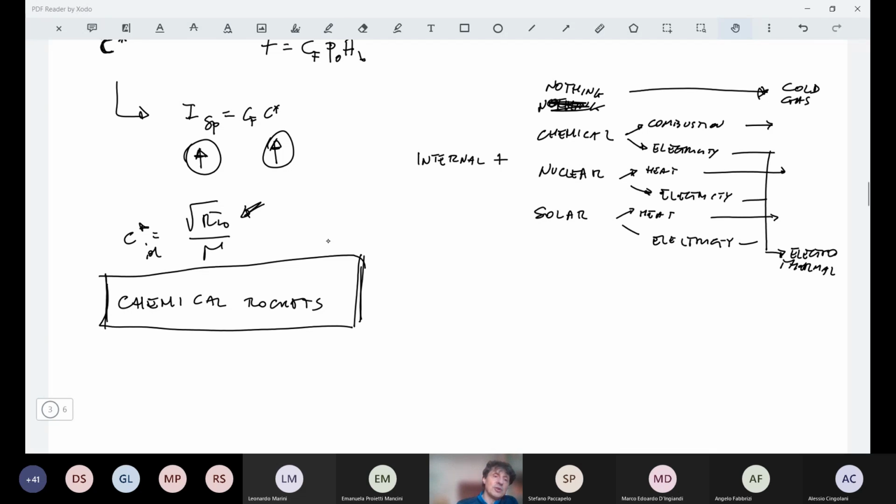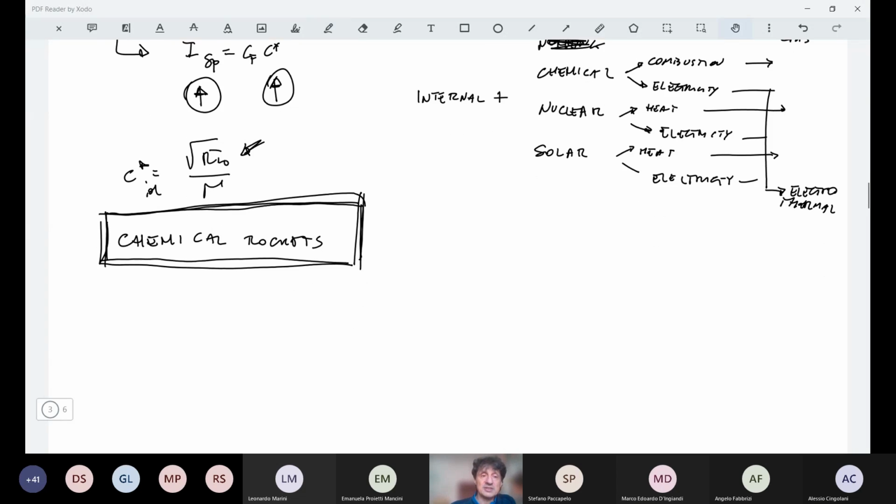So to talk about chemical rockets, as we have done before when we started to talk about thermal rockets, we have to recall some basics of chemical reacting mixtures.